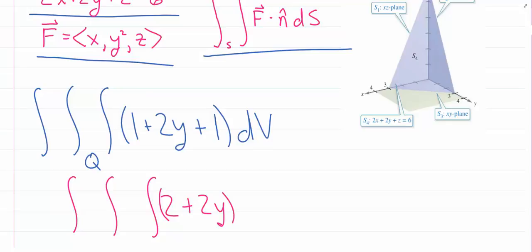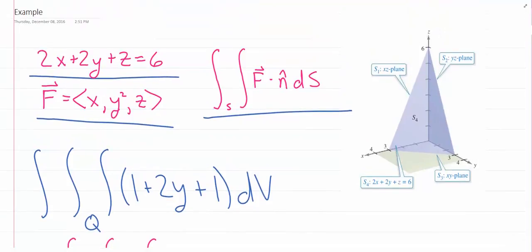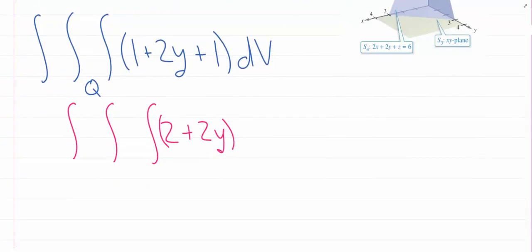Now, probably what most everyone will do is solve for z and do z first. So I have z equals 6 minus 2x minus 2y. I'll just do a dz, and it goes from 0 to 6 minus 2x minus 2y. Now, z is 0, so what we have here is 2x plus 2y equals 6.